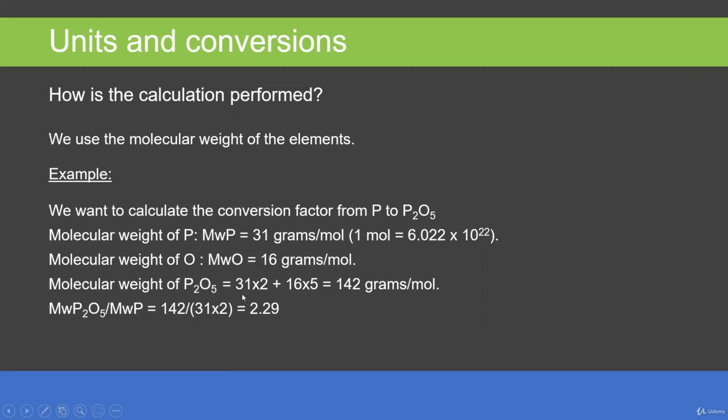So it's 142 of the entire molecule over 31 times 2, because we have 2 P's in the P2O5 molecule. This gives us 2.29, and this is the conversion factor. And this way we can convert basically any form to any other form.